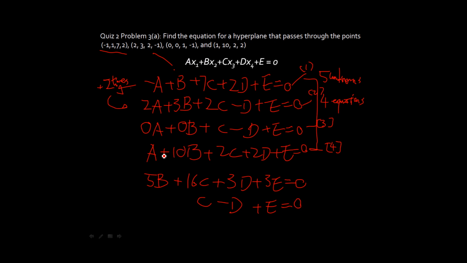For the fourth one I only need to add equation 1 onto equation number 4, and then I cancel out the unknown a. So I have 11b, 9c, 4d, and 2e equals 0. Now we have 4 unknowns left, because I've just eliminated a, and I am left with 3 equations.